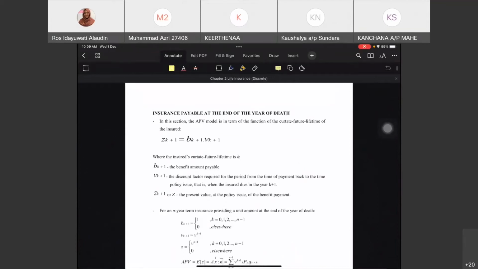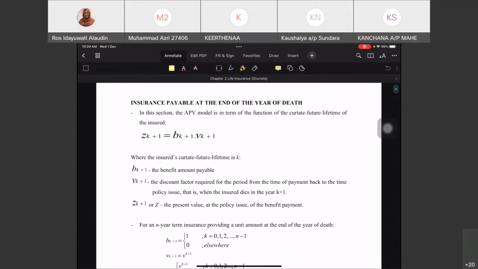Okay, so what's the difference between continuous and discrete case? The way you differentiate between these two is when the benefit is payable at the moment of death. The keywords are moment of death.